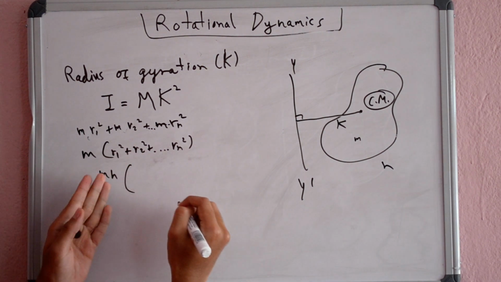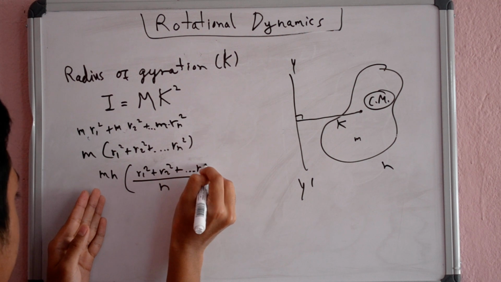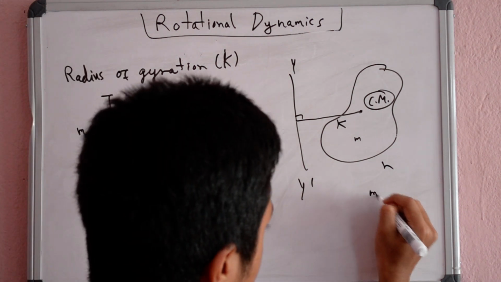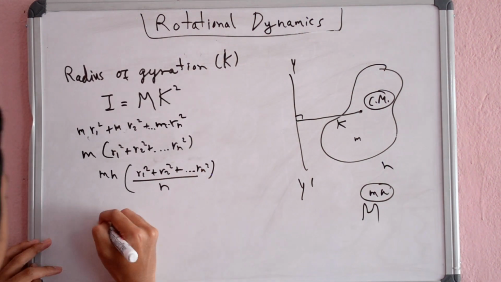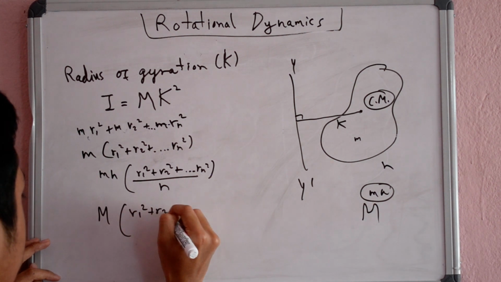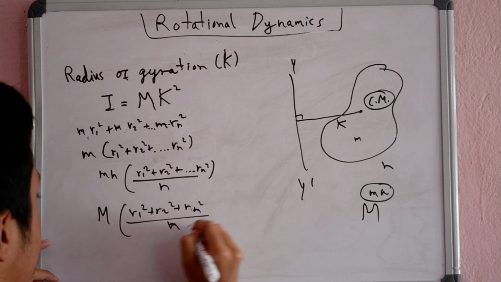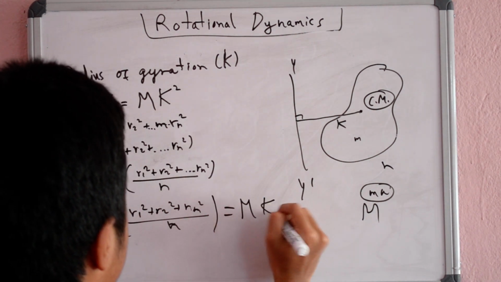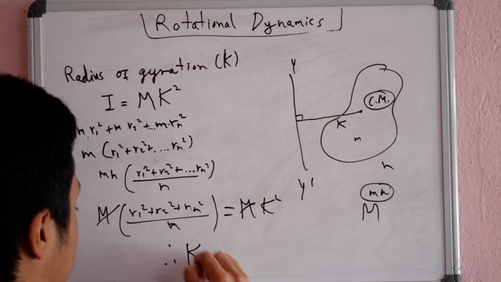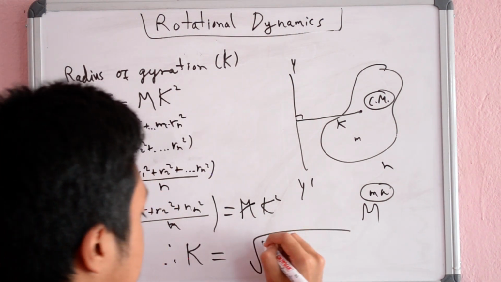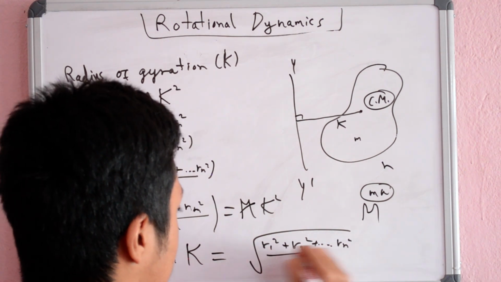If we multiply by n above, we have to divide by n. So the individual mass into the total number of particles becomes the concentrated mass of the body. So we have M into r1 square plus r2 square plus rn square by n. This is equal to mass into radius of gyration square. M cancels, so we can also define radius of gyration as the mean perpendicular radius of all the particles.